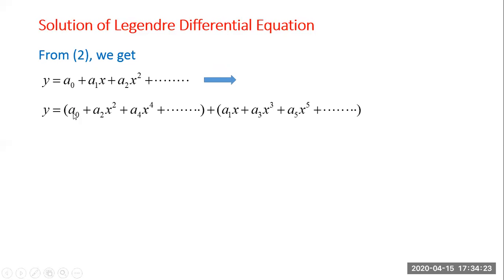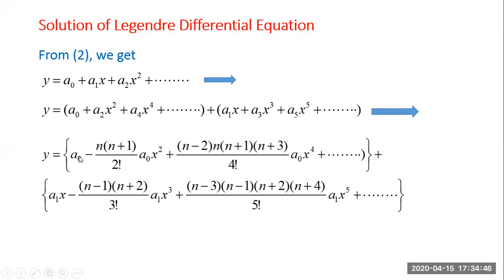Here I write a0, a2x square, a4x power 4 and so on. And here I write a1x, a3x cube, a5x power 5 and so on. Here substitute the value of a2, a4 and so on. In this bracket substitute the value of a3, a5 and so on.